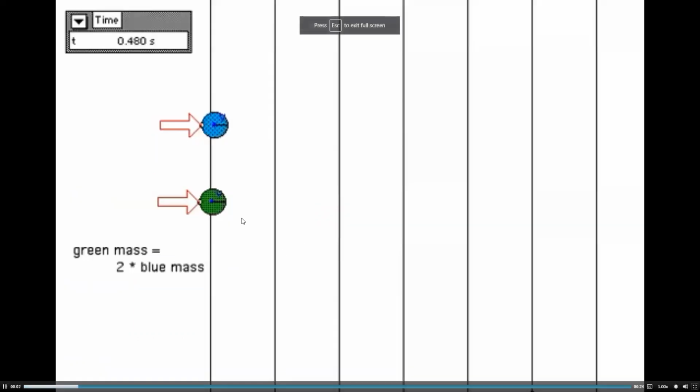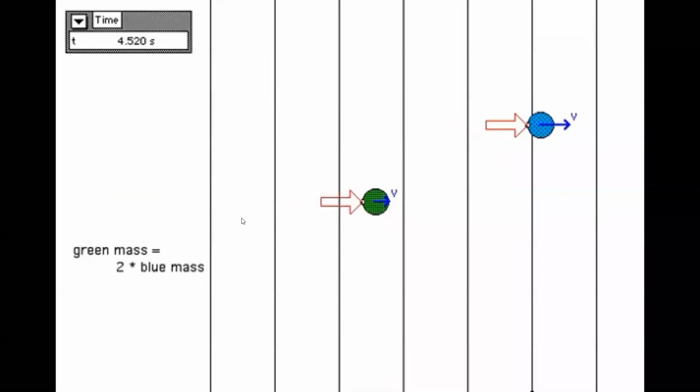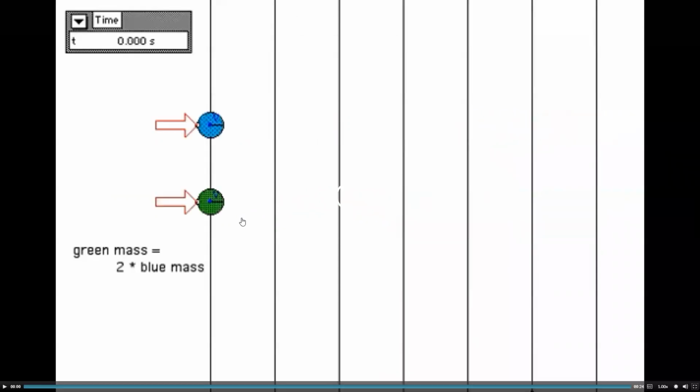Now this time, both balls again have the same force, but your masses are different. This time the green mass is twice as much as the blue mass. So notice that your velocity for the blue ball is actually this time bigger.